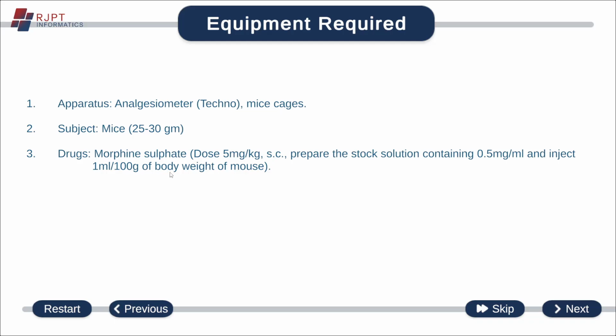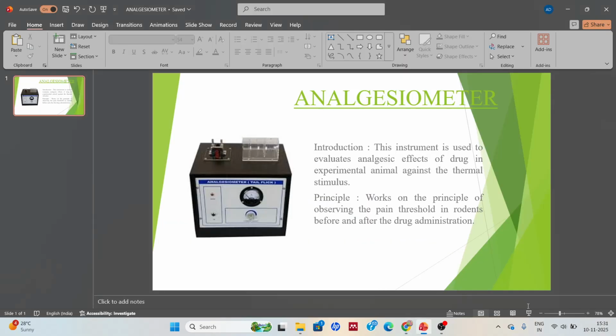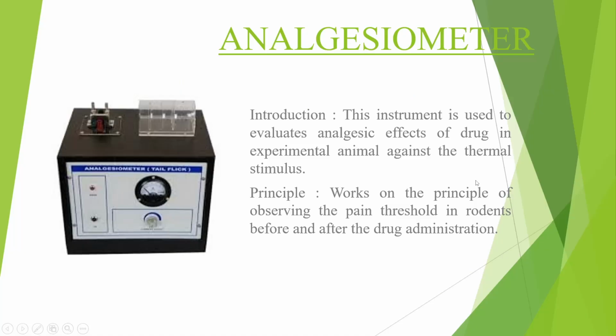Now let us learn more about the analgesiometer. As we can see, this is a diagrammatic representation and the image of the analgesiometer. Here we can see the switch on and off buttons. This is the meter and here we have the cage, where we will keep our mice.